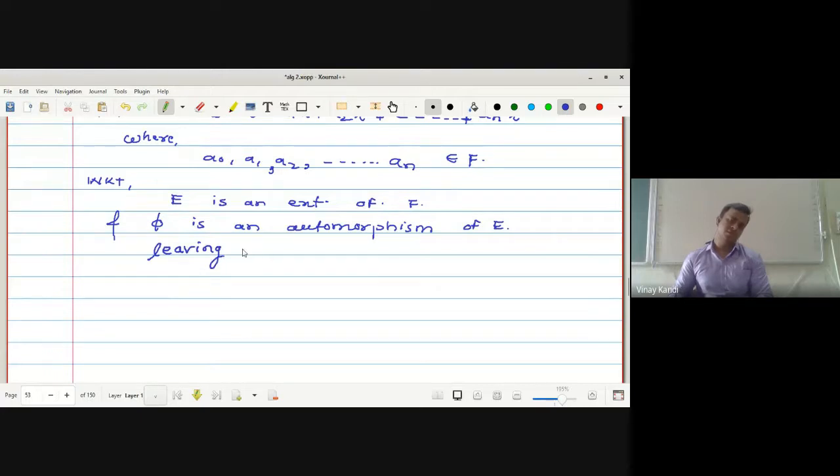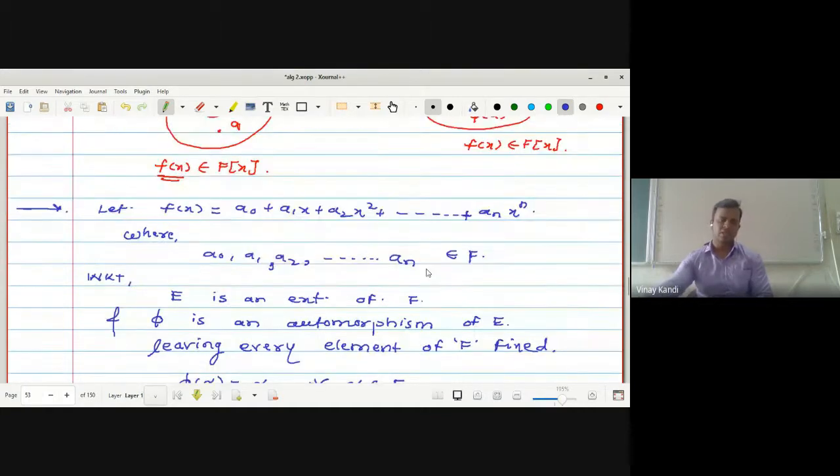Leaving every element of capital F fixed. What is the meaning of this one? Phi of alpha is equal to alpha for all alpha belonging to capital F. Understand?